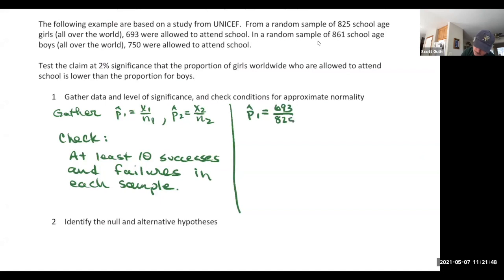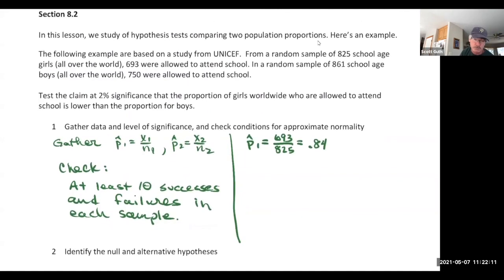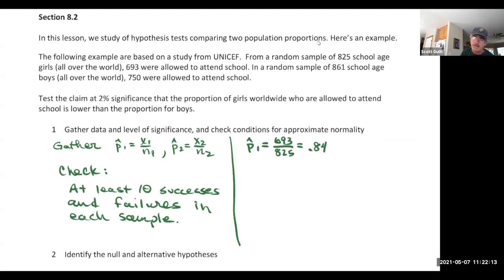Okay, so check that. So I get 0.84 exactly. So these data, and this is like 10 years old, just to let you know. I don't know what's happened in the last 10 years.